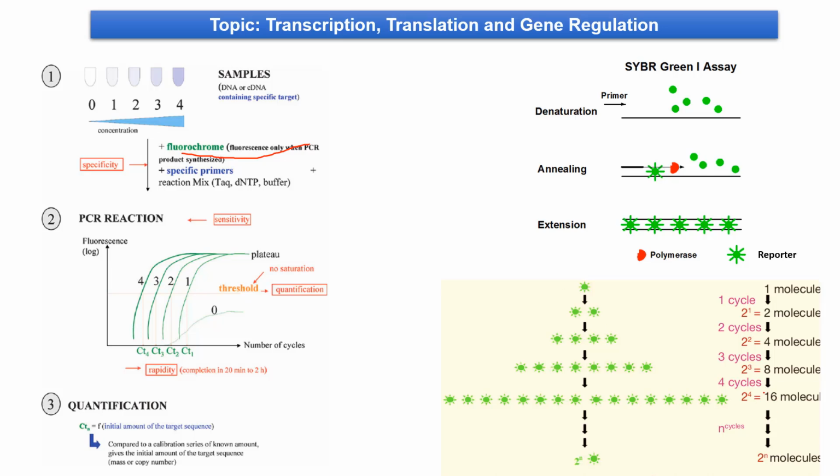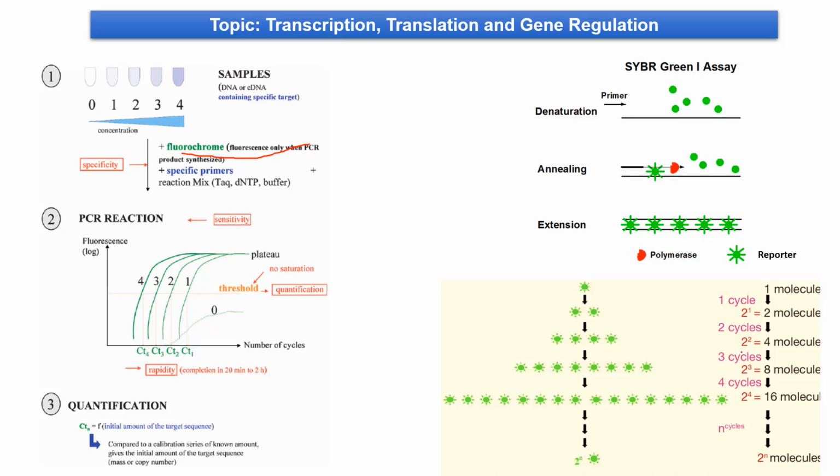As the number of molecules increases, the amount of SYBR Green which gets incorporated into each of these molecules also increases exponentially. After n number of cycles of the QRT-PCR, you will have 2 to the power n molecules.